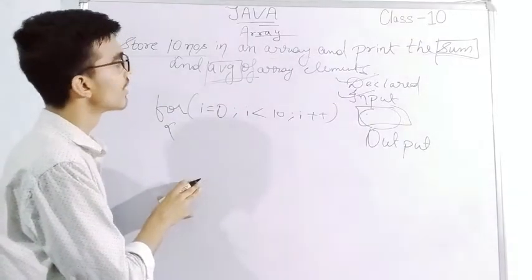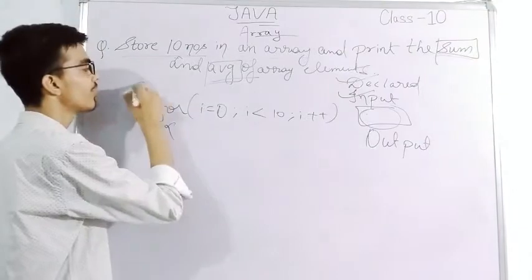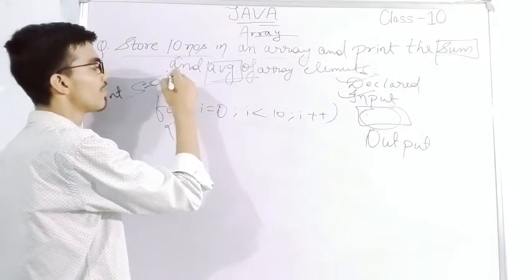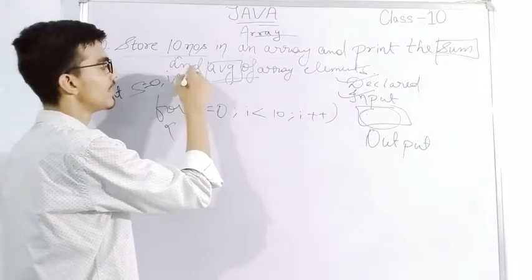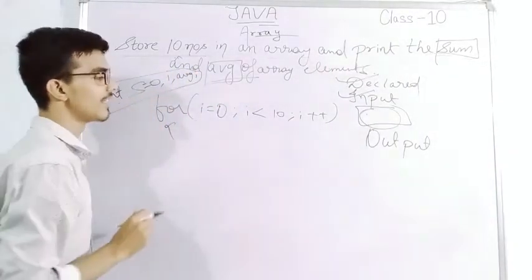After this, we'll do the inner part. So what do we want? Sum. We have stored values in int: s = 0, i and avg. These three values we have taken inside int.